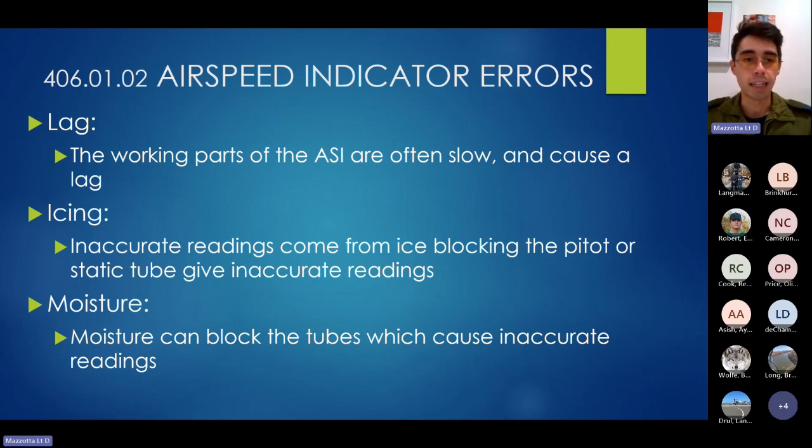But a fun fact with that is that the pitot heat system is very, very hot, and if you leave it on for longer than anticipated, you could melt your pitot tube. So just be mindful of that when you're flying aircraft with pitot heat. And moisture or water essentially is blocking the tubes, and the water is going to cause erratic airspeed indicator readings, so you won't really know what's happening.